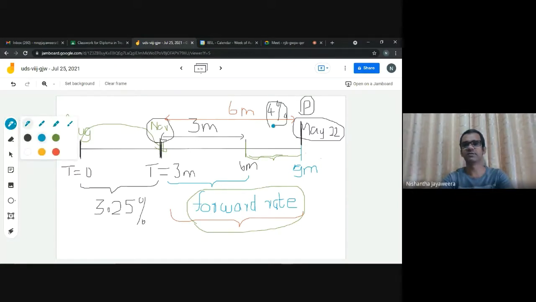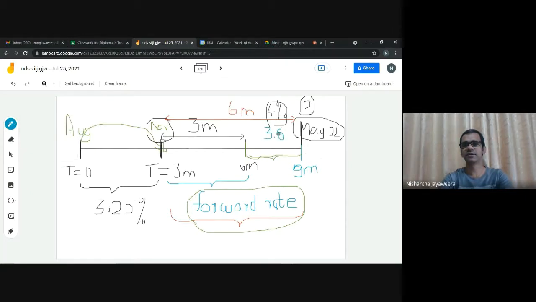It may be 3.8% or 4.5% or something like that. So this is the actual interest rate. This is the forward interest rate that you agree.